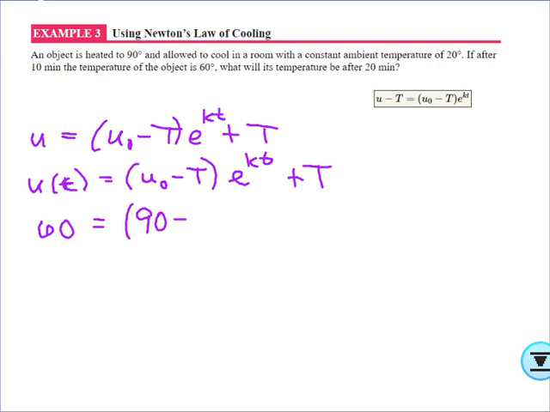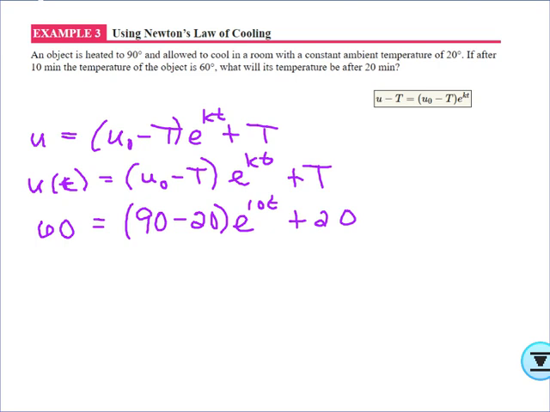The surrounding temperature is 20. And did they give me a time? 10 minutes. So that is going to be 10 because this is in terms of minutes. And then plus 20 because that's my ambient temperature, my T.